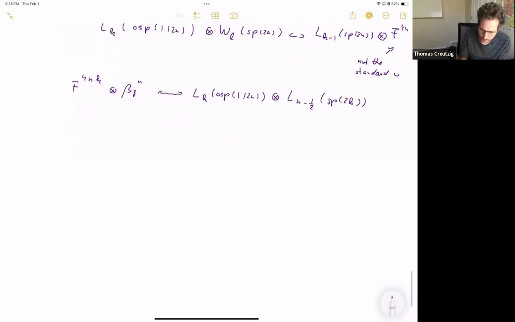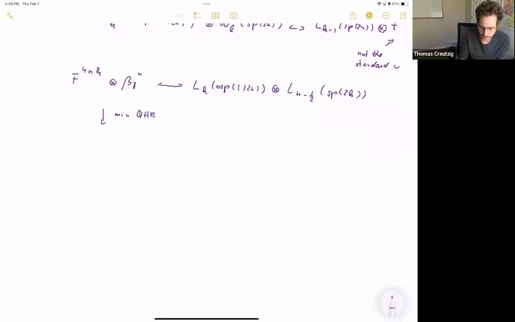Okay, so how does this claim now follow? Well, you can now do the minimal quantum Hamiltonian reduction on both sides. I confused k and n here; this must be k.